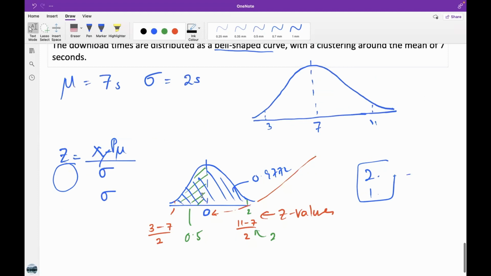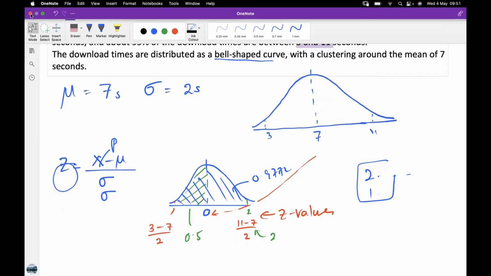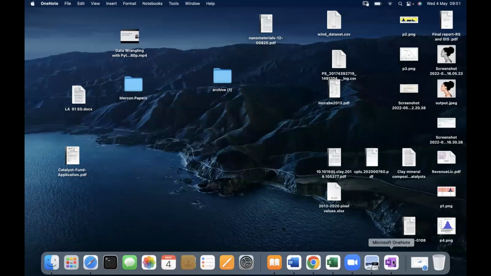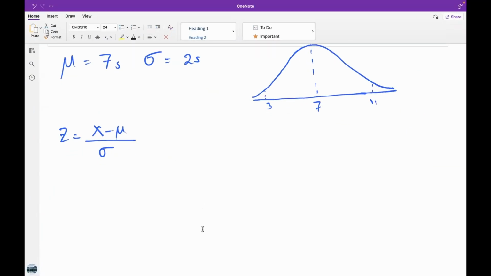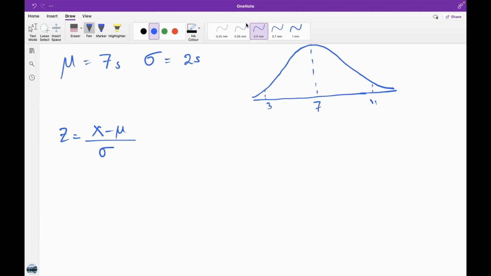I'm sorry for this screen issue because of some problem. I need to go back. In the question there is 95%, right? This 95% is between 3 and 11. I just took the probability of x less than 11. So what did I do?